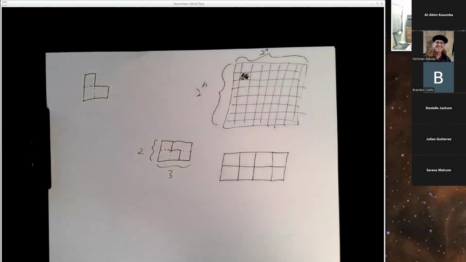That's the theorem. So we're going to prove that, and we're going to prove it using mathematical induction, and then we're going to do something interesting with that proof.